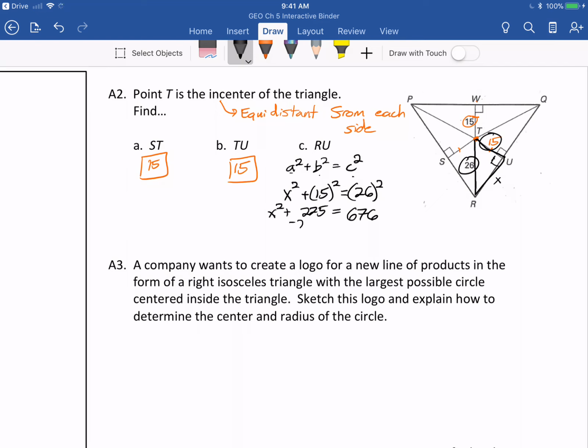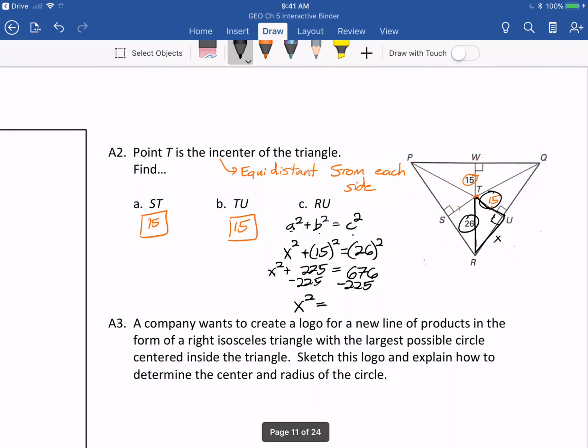So I subtract 225 from both sides. Now x squared is equal to 676 minus 225, which is 451. Now to get x out of the square, I take the square root of both sides. So x is equal to 21.24, the distance of my x there.